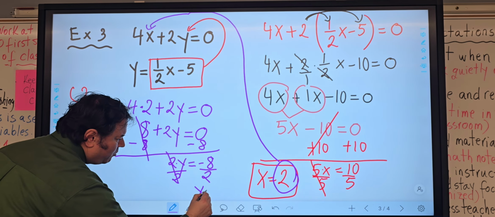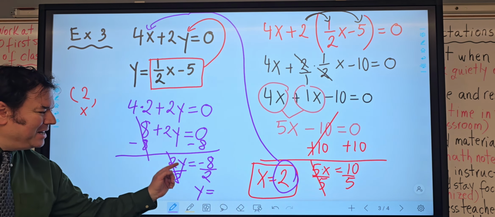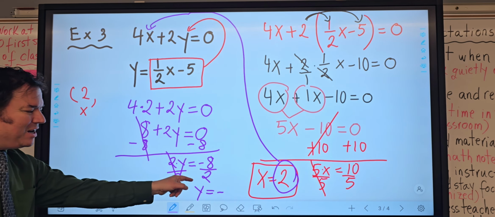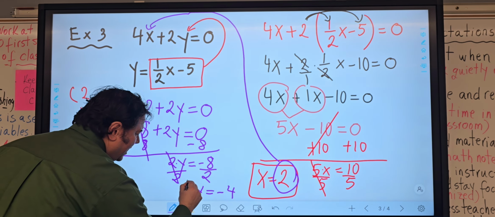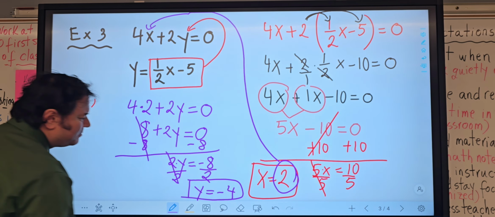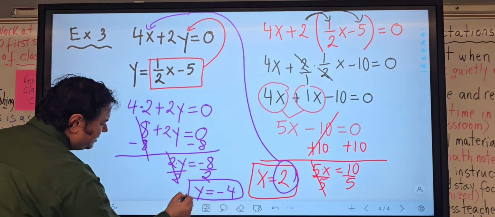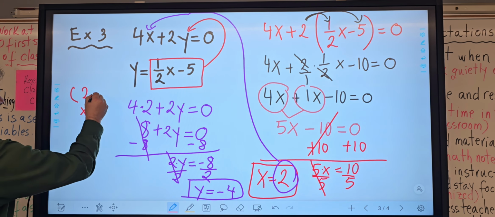So y equals, and negative 8 divided by 2, negative divided by positive becomes negative, and 8 divided by 2 becomes 4. So y equals negative 4. So we got the y, negative 4. So y is negative 4.